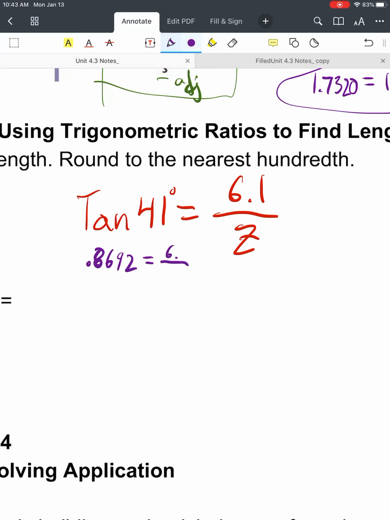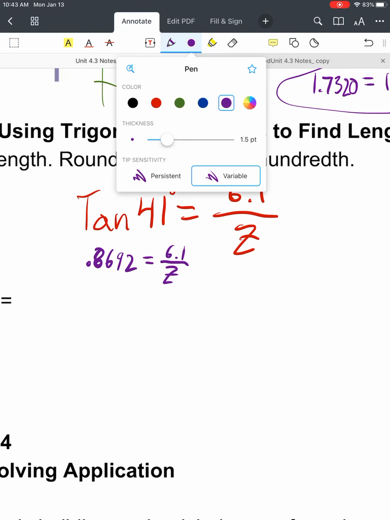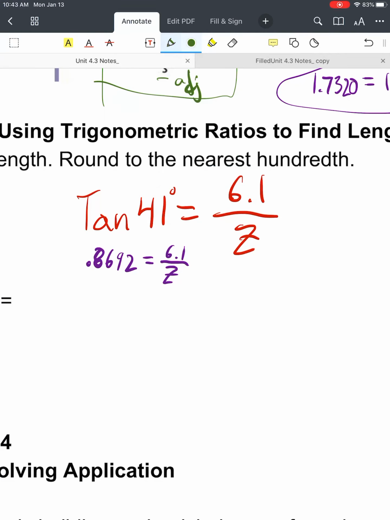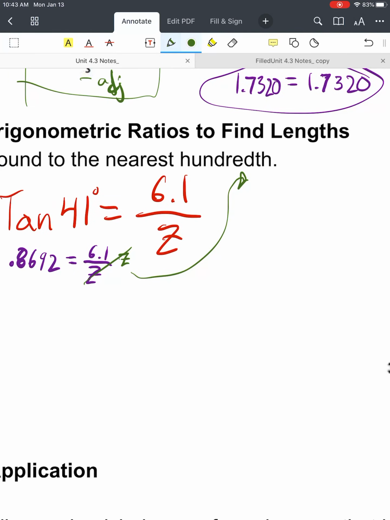On the other side, we still haven't done anything with this fraction. It'd be nice if we could get that Z out of the denominator, because that would be really helpful. So let's do that. The opposite of division is multiplication. When we do that, we're left with 0.8692Z equals 6.1.